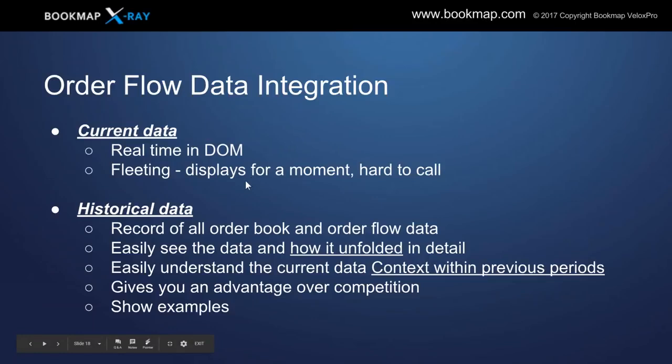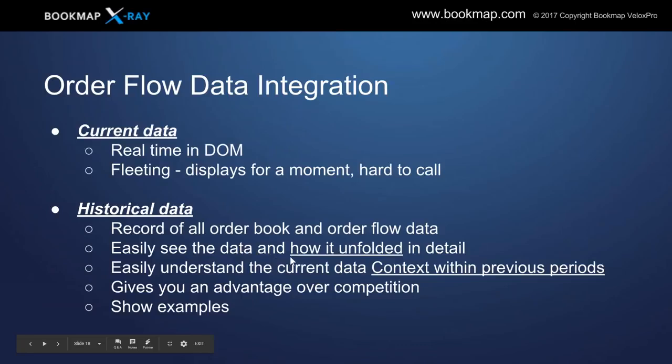That can be a little challenging, because you have to remember specific areas, and then when price comes back to those areas, are they still bidding or offering? Do they still show interest? That's where the historical limit order book and data comes in very handy. We record all that data, and then you can see and understand how we were looking at Bookmap.